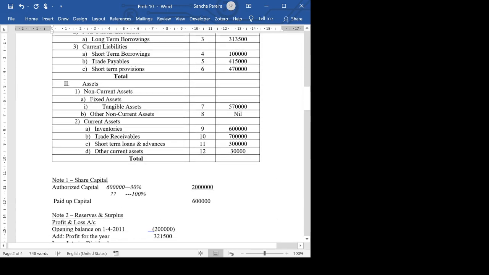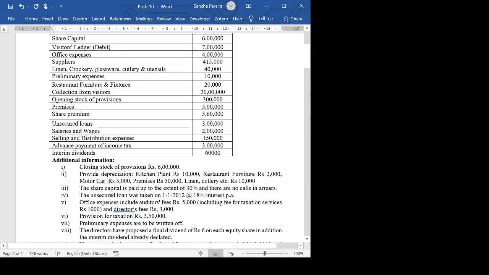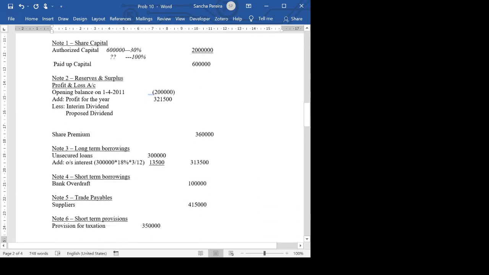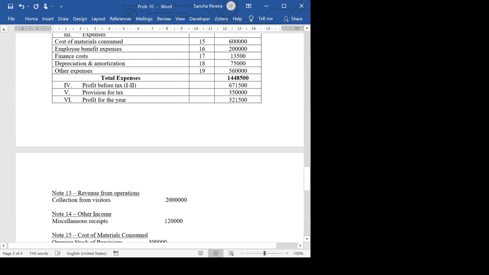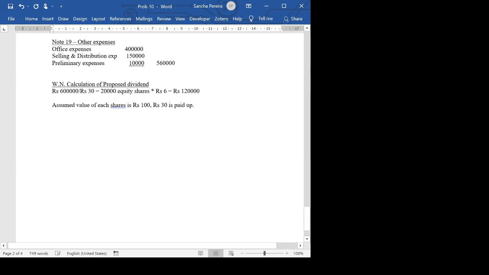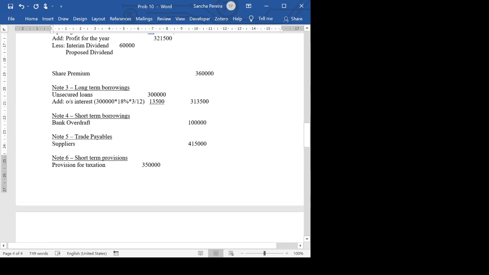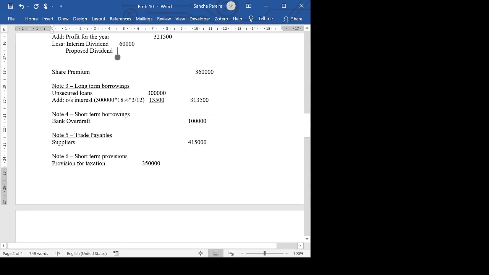Interim dividend given to us in the problem is 60,000, and proposed dividend we have calculated in that working note, which we have already shown under short term provisions also, 1,20,000. This is the second effect. So the total dividend comes to 1,80,000.